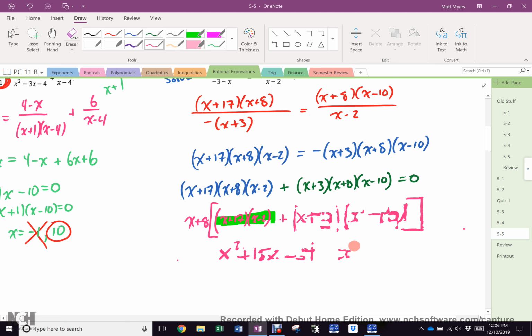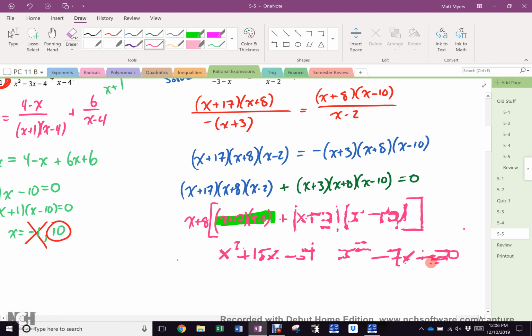x squared minus 7x plus, it's positive 3 and negative 10, minus 30, right? 30, 3 times 10.